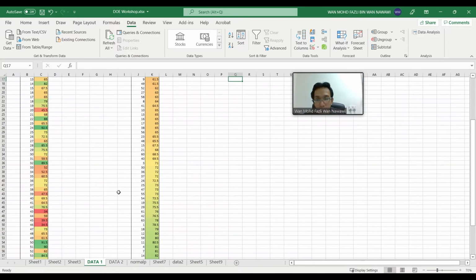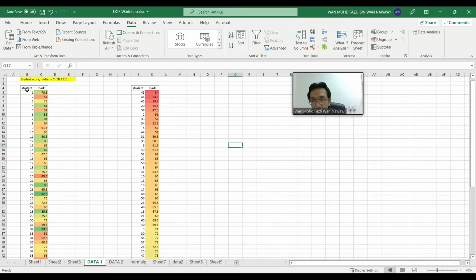So let's say in this case, I sort with the numbers. I want to put numbers here, so I put one, and then here plus 1.